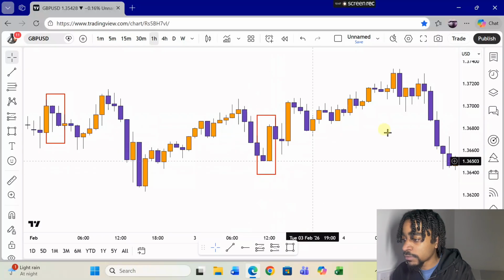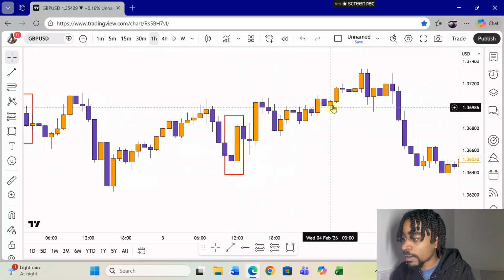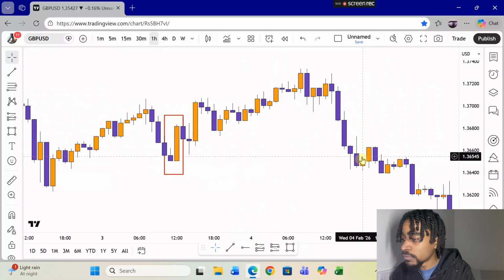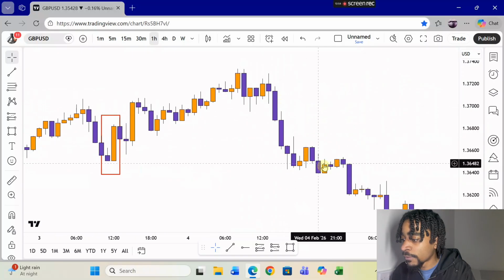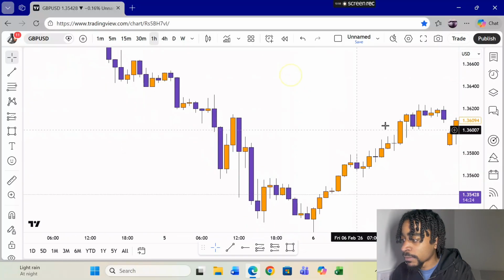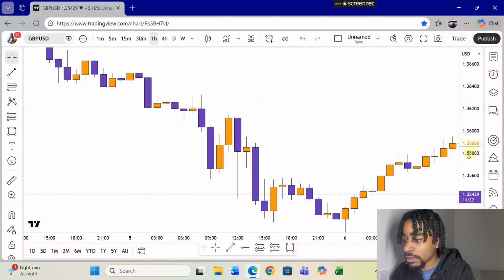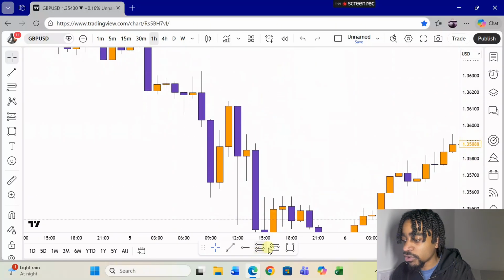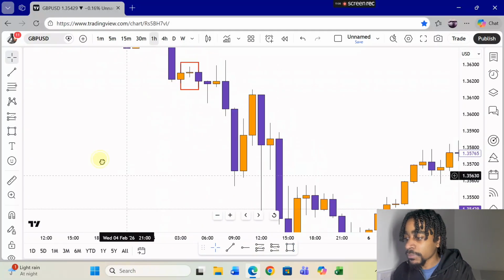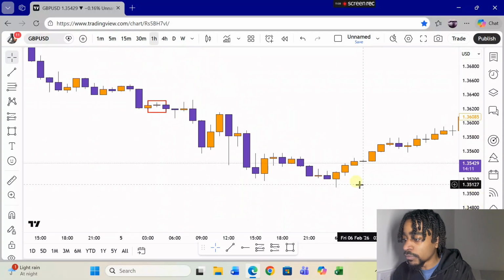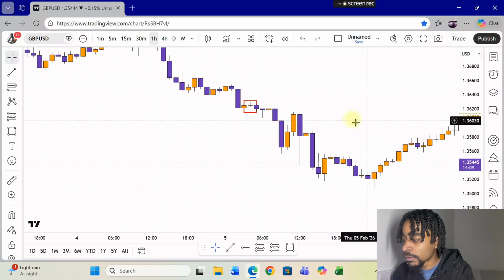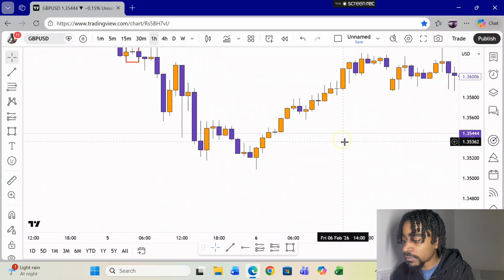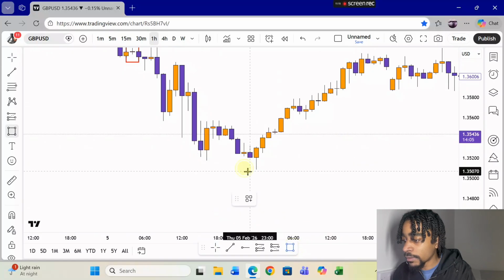Yep, very nice. Keep moving along price. Keep moving along price. I can see a doji right here. It's a nice doji, followed by multiple other indecision candles after that. Keep moving along price. Ooh, I see a nice bull pin hammer right here.